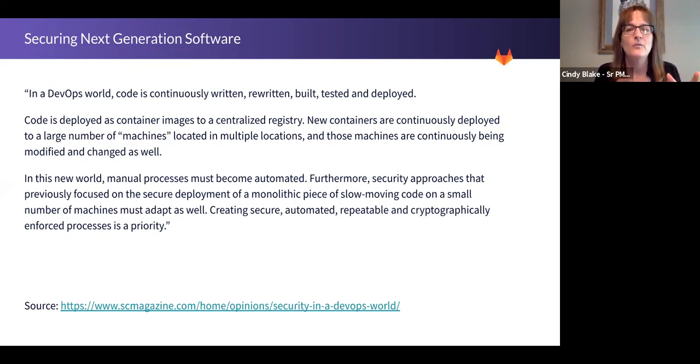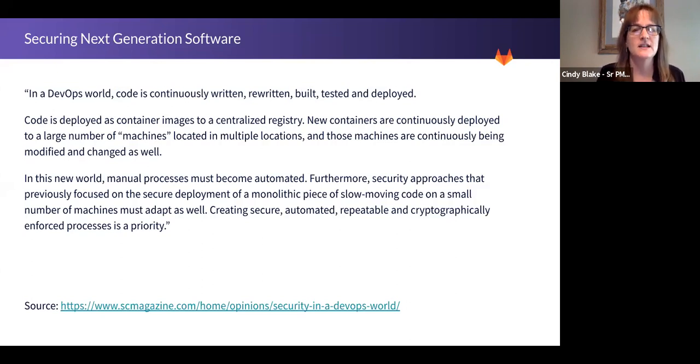But when you put all that together, it becomes continuous. So continuously written, updated, built, deployed, with continuous integration, continuous testing, all of that automation to push it out there. You've got containerized images. You've got the abstraction of the hardware from where the software is run, and that really strong reliance on automation.